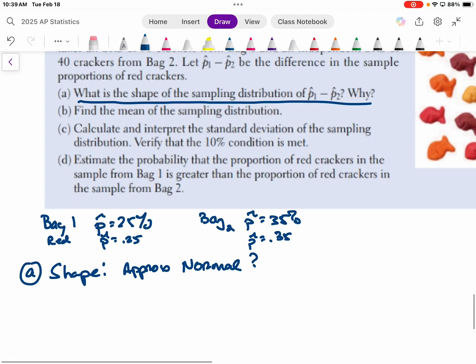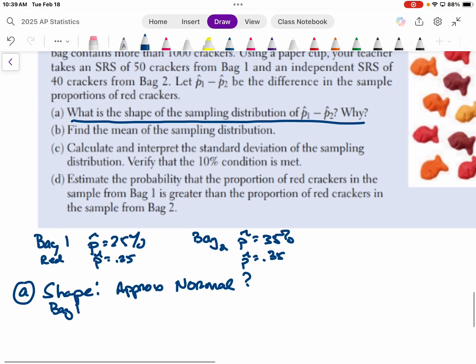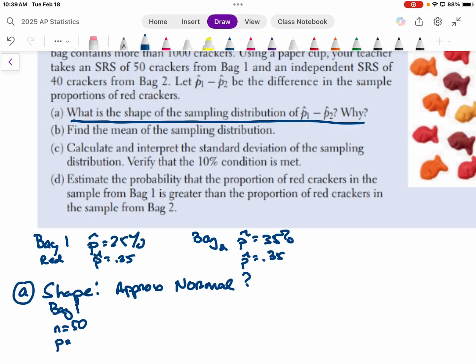So let's check. For bag 1, they said n was 50, and P hat for bag 1 was 25%. So is 50 times 0.25 greater than or equal to 10?